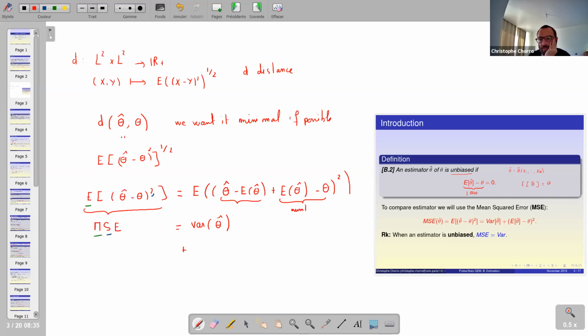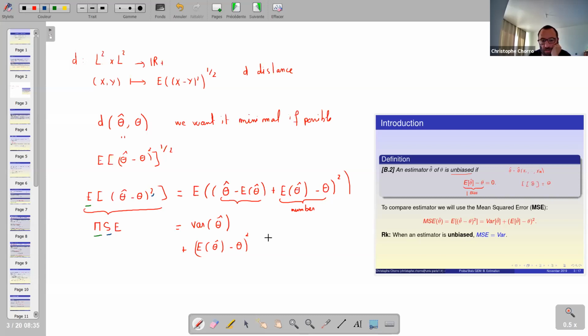It's not a random variable, it's a number. Theta is a number in this situation, and the expectation of theta hat is also a number. So I have here simply the expectation of theta hat minus theta, squared.